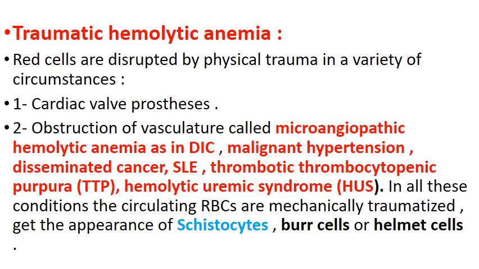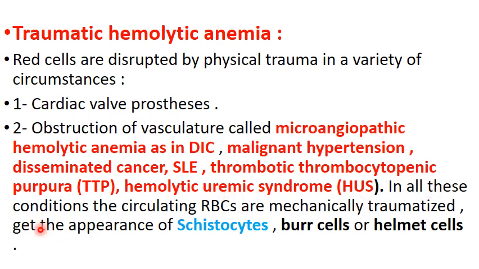Traumatic hemolytic anemia. This type of hemolytic anemia occurs when the red blood cells are disrupted by physical trauma in a variety of circumstances, like artificial cardiac valves, or obstruction of vasculature, such as in microangiopathic hemolytic anemia, malignant hypertension, thrombotic thrombocytopenic purpura, and hemolytic uremic syndrome.